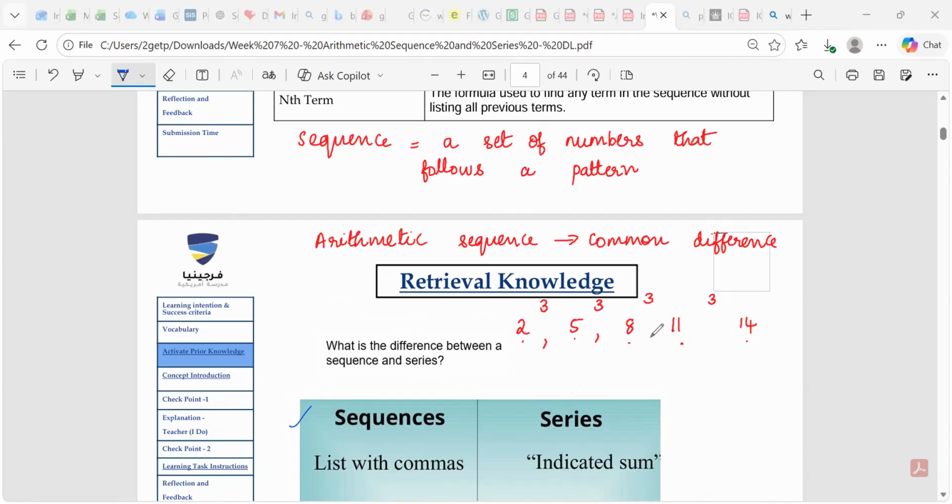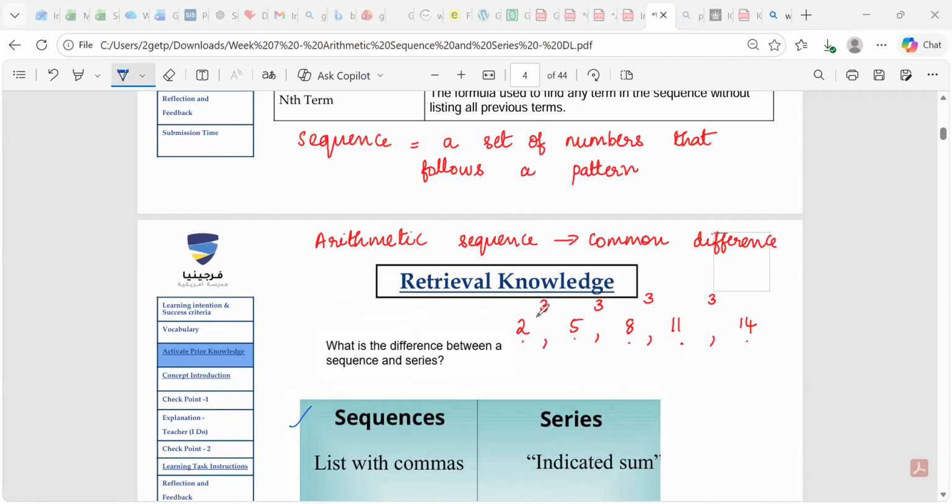So 2, 5, 8, 11, 14 is an arithmetic sequence because we have a common difference. We have to add the same number to get the next term.